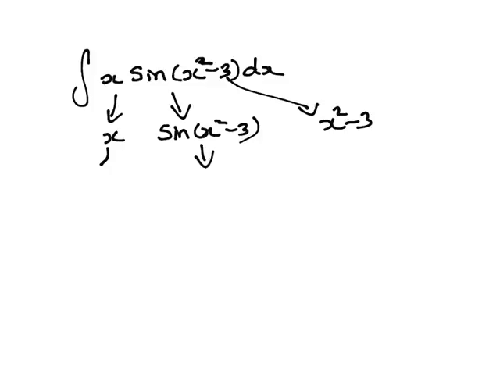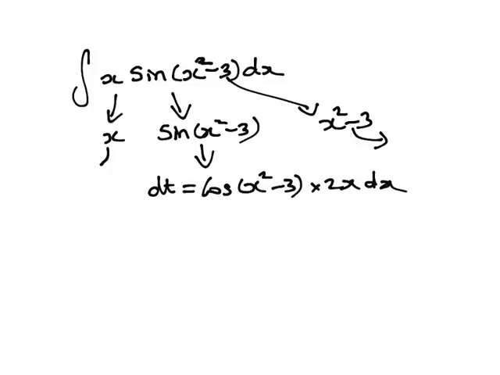If I take sine of x squared minus 3 as t, then I'll get dt as cos of x squared minus 3 into 2x dx. As you can see, there is no cos in the given problem. If I take x squared minus 3 as t, then I'll get dt as 2x dx. You can see that we have x dx in the problem. So I'm going to take t as x squared minus 3.